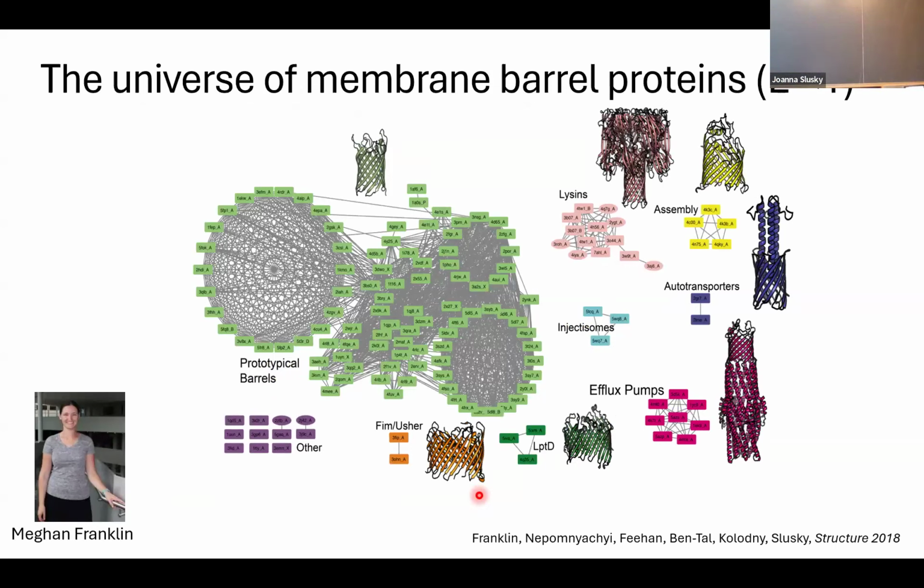What you're seeing here are experimentally structurally characterized proteins, each in a colored box. Those colored boxes are structurally characterized membrane barrels, and an edge exists between the boxes if those proteins have a relationship with each other, which we can measure with a statistical tool called an e-value.